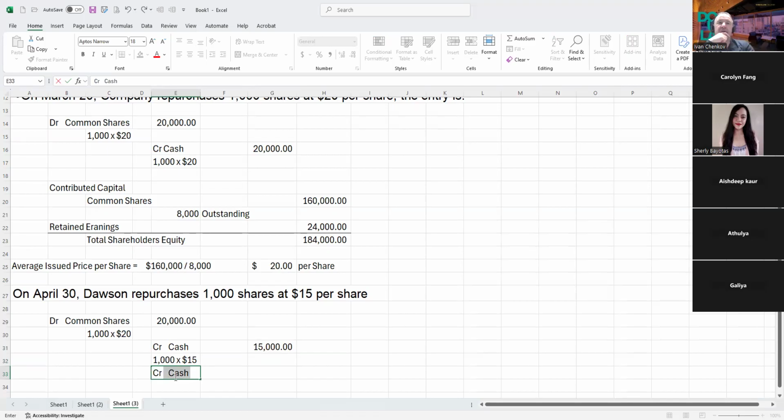Let's think about something first. If I buy something for $10 and I sell it for $15, what do I have? I have revenue of $15.